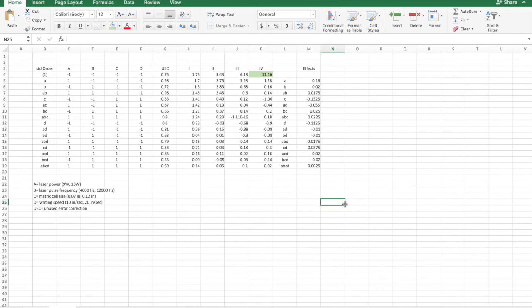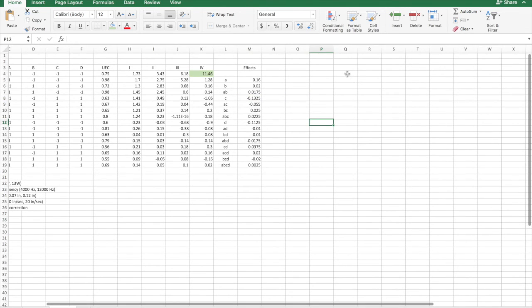For example, the typical effect ranges from 0.02 to minus 0.01, but we have 0.16 and 0.13. So these effects of A and C appear to be big, but we have to perform Daniel's test to actually observe which ones are significant.